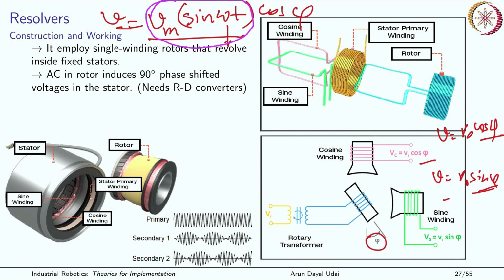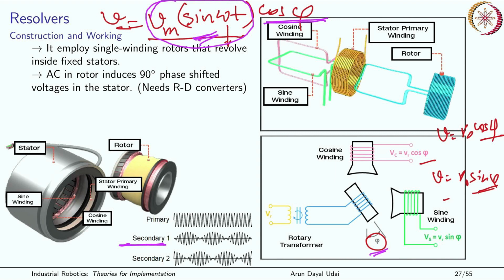The amplitude itself has a frequency inside, so it is a double sinusoidal thing, but this sinusoidal frequency is fixed. The outer one, the cos psi, varies depending on the angle psi. So the secondary will have a voltage induced like this.